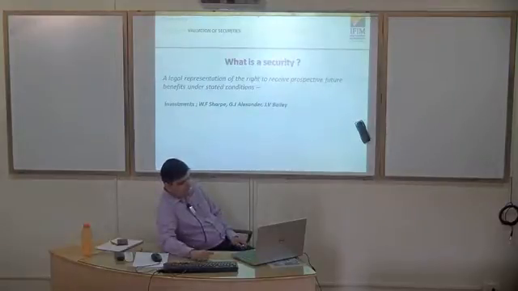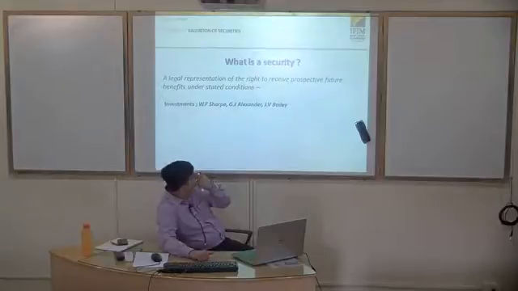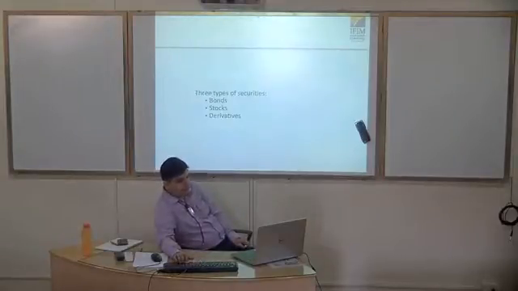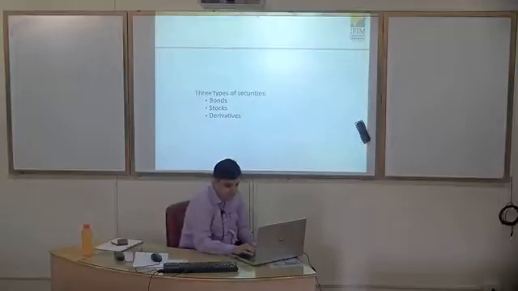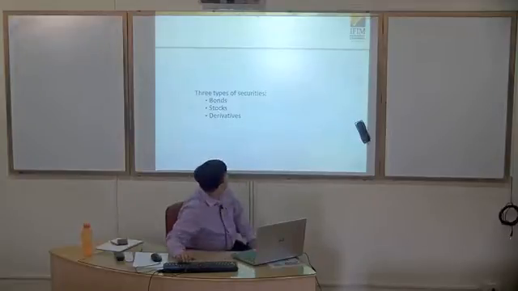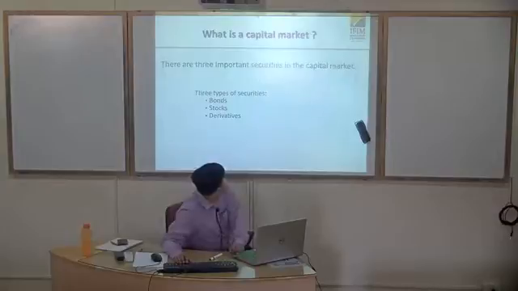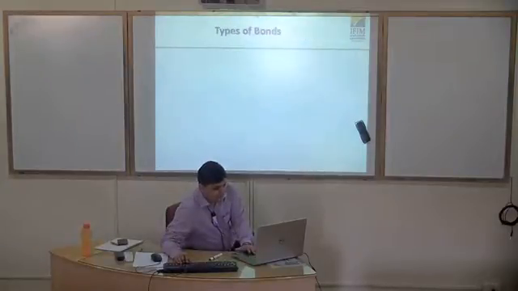W.F. Sharpe, Alexander and Bailey are the people who have defined this. So a security is anything that is legally binding to get a return, prospective future benefits under stated conditions. Types of securities: bonds, stocks and derivatives, the main ones. These are important securities in the capital market.